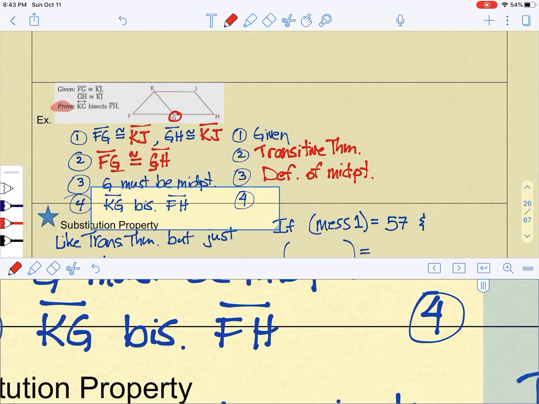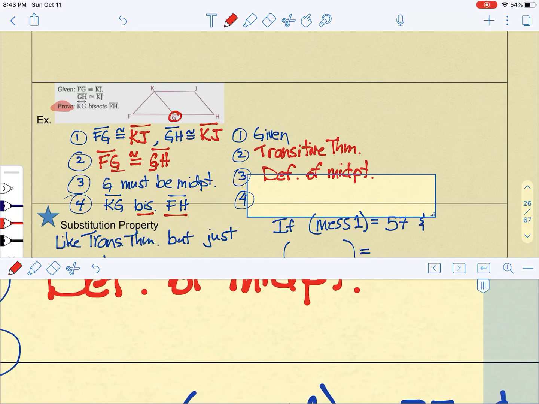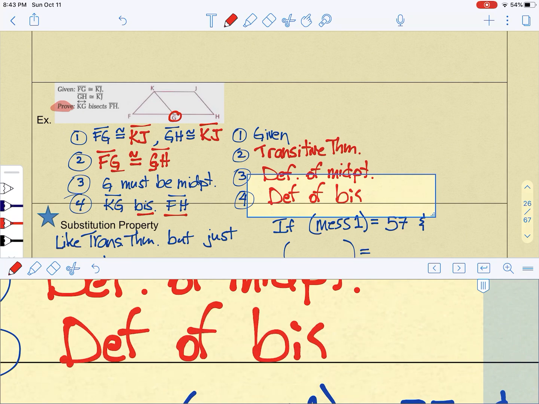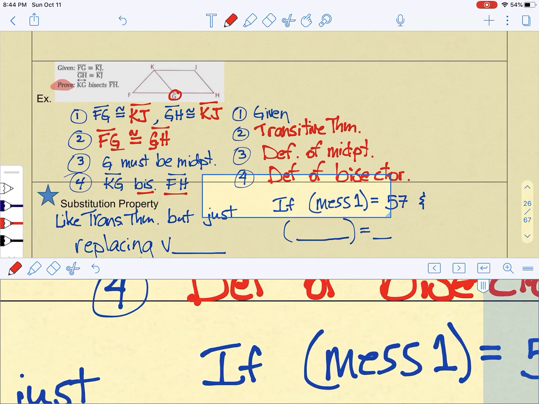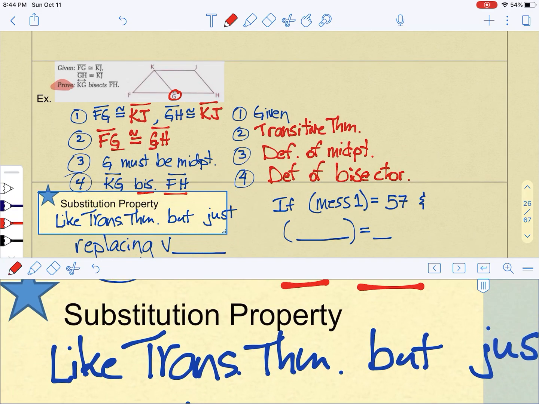And finally, if that is a midpoint, KG, the segment KG must bisect FH. And that is the definition of a bisector. A bisector has to cut a line at the midpoint. All right. A short little four-line proof.